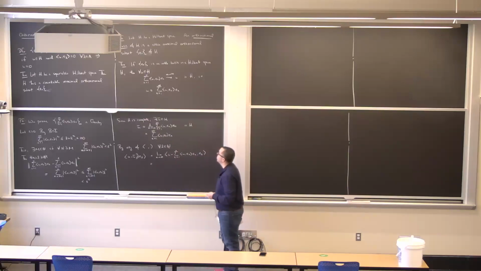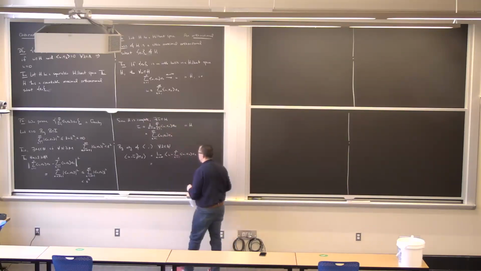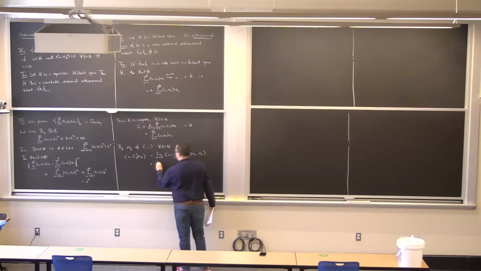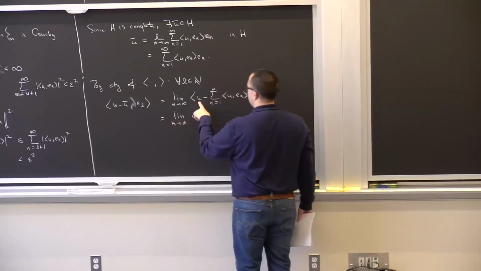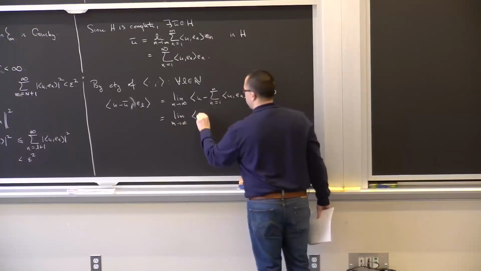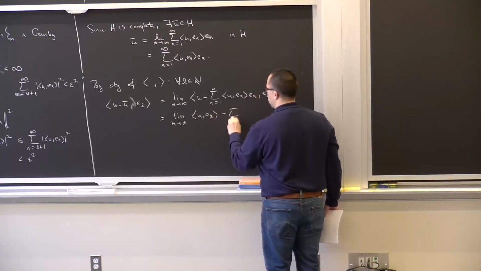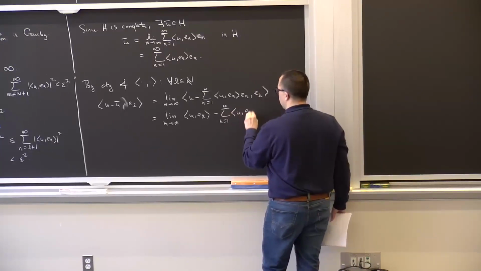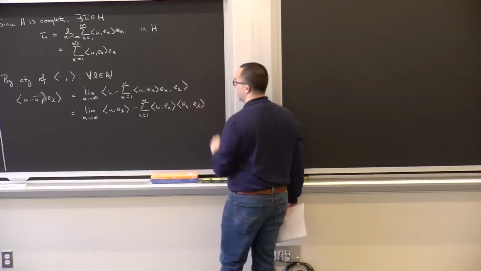I'm sure you've seen this at some point, but this is also why the coefficients appearing in front of the e_n are the way they are. So this is equal to the limit as m goes to infinity of <u, e_L> minus the sum from n equals 1 to m of <u, e_n> <e_n, e_L>.